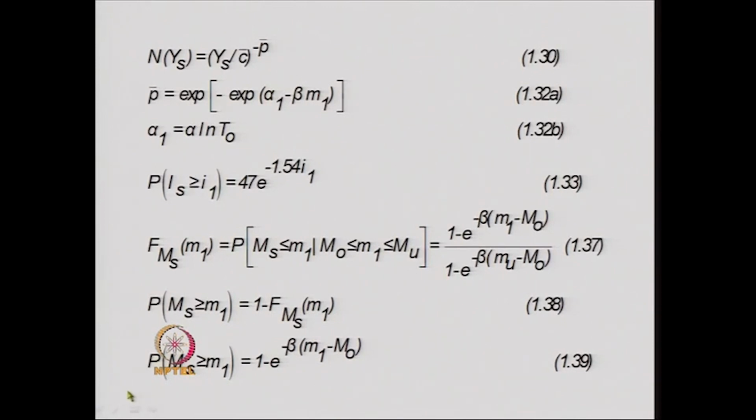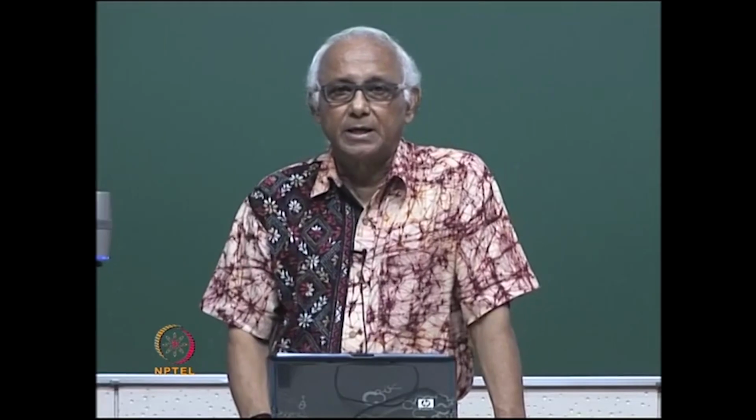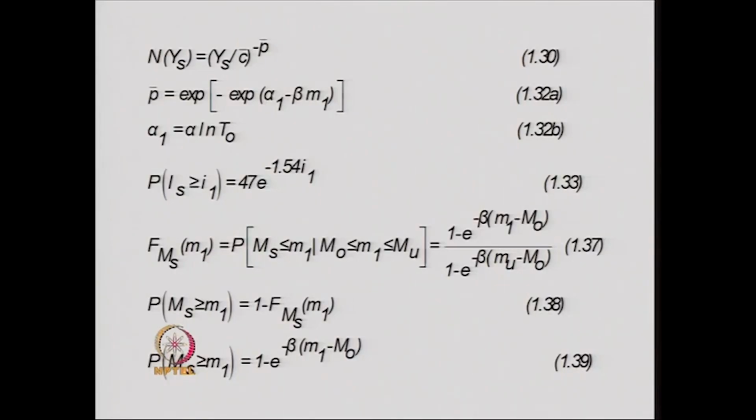That means the probability of the magnitude of earthquake being greater than or equal to m1 is equal to 1 minus e to the power minus beta times m1 minus m0. That comes from this particular equation. So we have many such empirical equations which talk of the probability of occurrence or exceedance of a certain level of the earthquake parameters in a particular region, and they are called the seismic risk for the region.